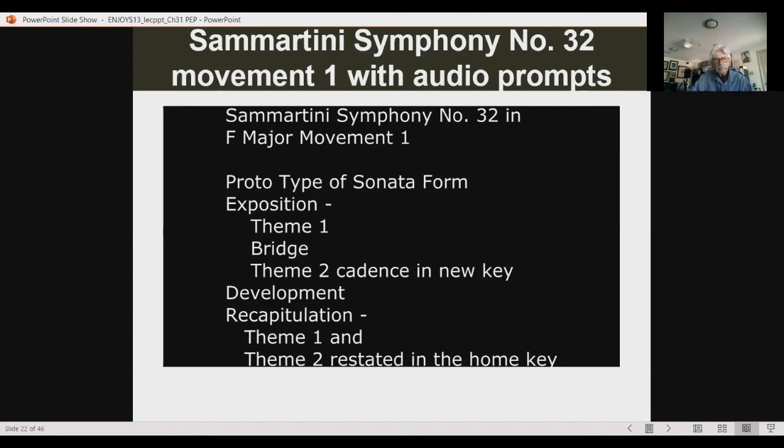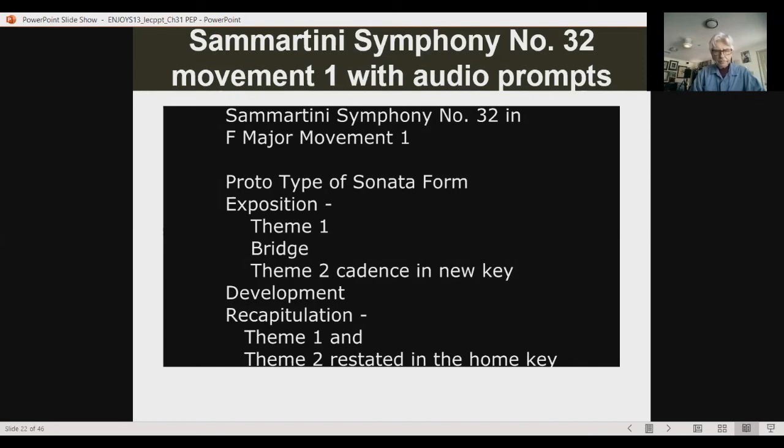Bridge, transition, modulation to new key. Cadence, new key, theme 2. Development section. Modulation back to the home key. Cadence.